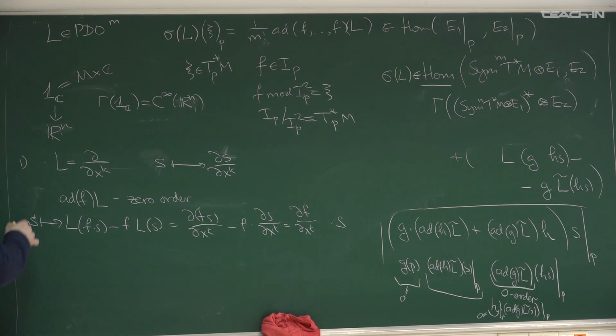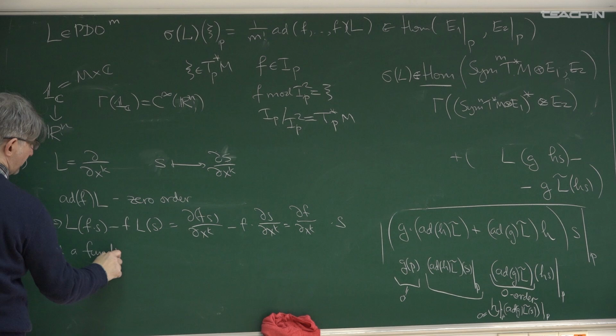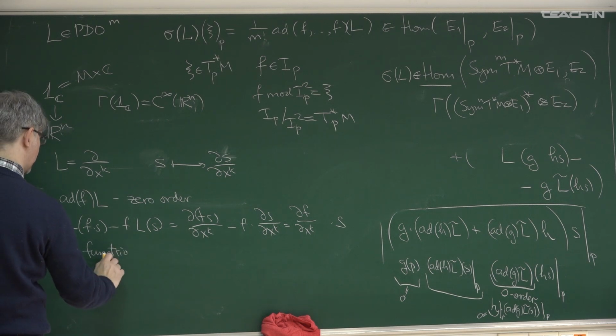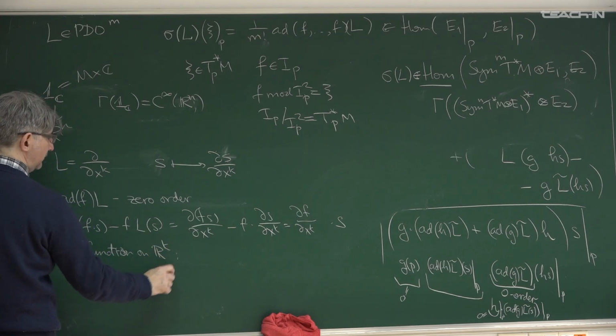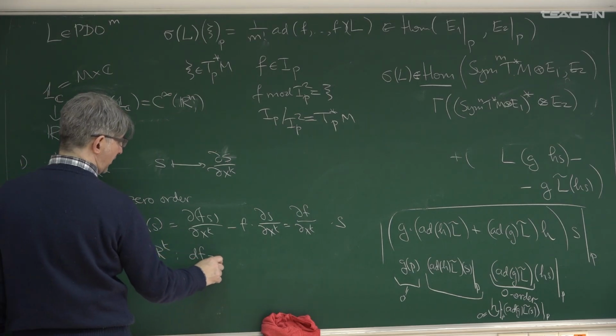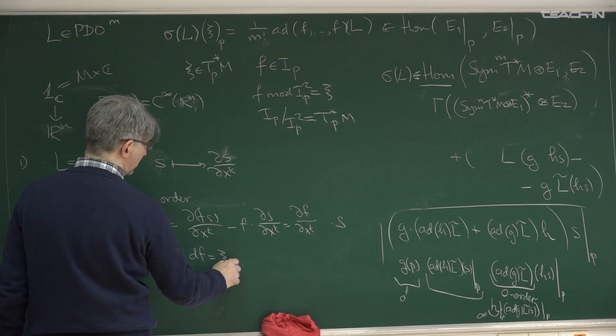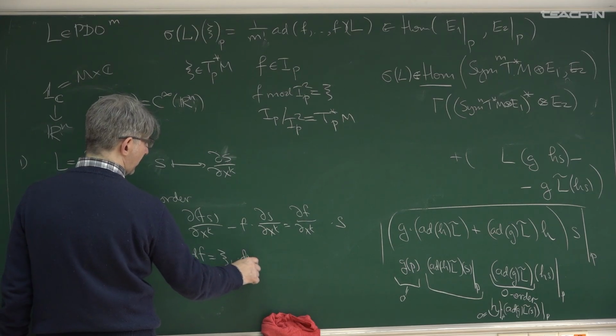Very good. So let us calculate the symbol. How to calculate the symbol? In this way we're doing things. Find the function on Rn such that the differential of that function is exactly psi k times dxk.